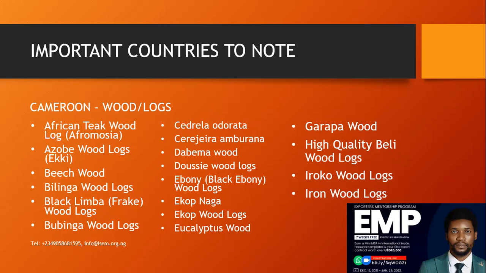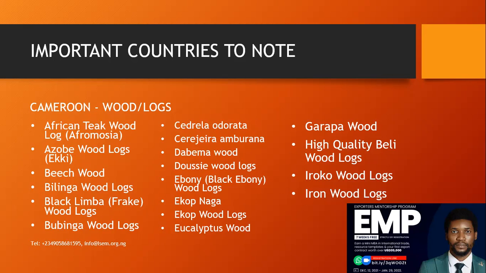We also have wood logs in Nigeria, in Shagamu. Yes, that's where they bring all the wood logs to sell. But you can't get everything like you get in Cameroon. The wood industry, the felling and trading of wood, is more organized in Cameroon than in Nigeria.